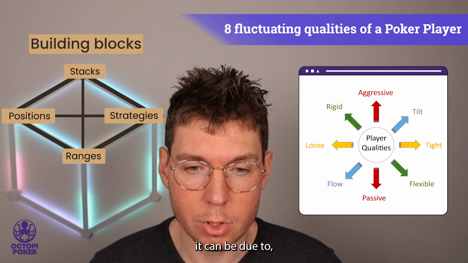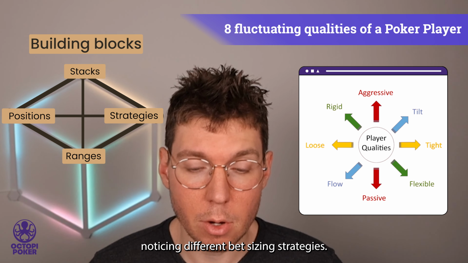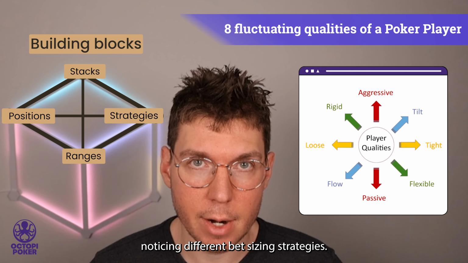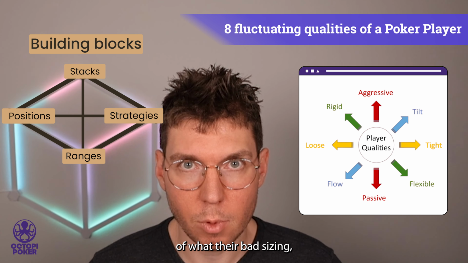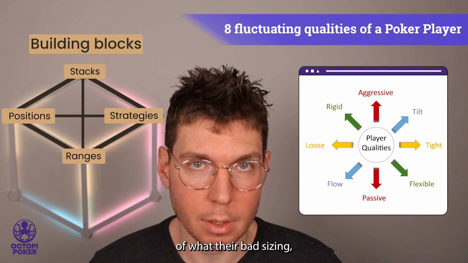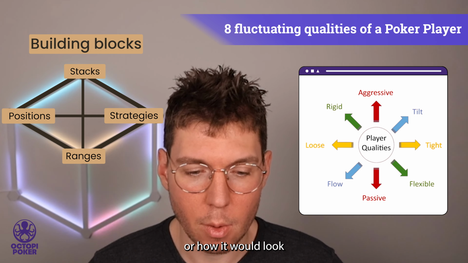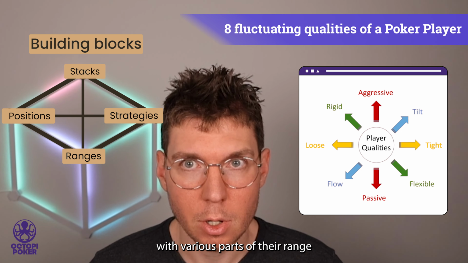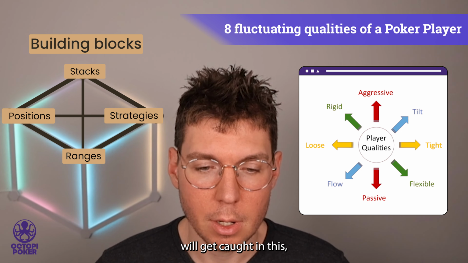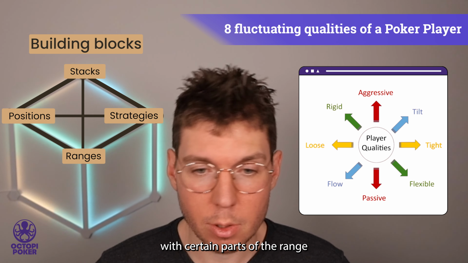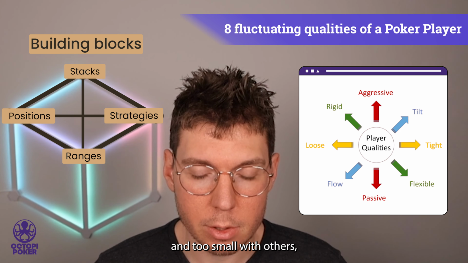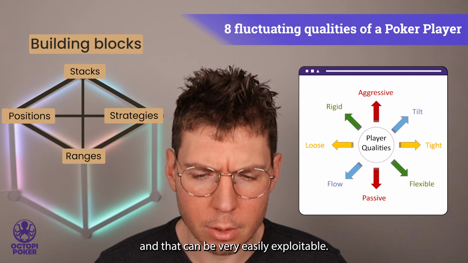It can be due to noticing different bet sizing strategies. Some players who are not overtly cognizant of what their bet sizing should be or how it would look with various parts of their range will get caught in this essential quagmire where they're betting too big with certain parts of their range and too small with others, and that can be very easily exploitable.